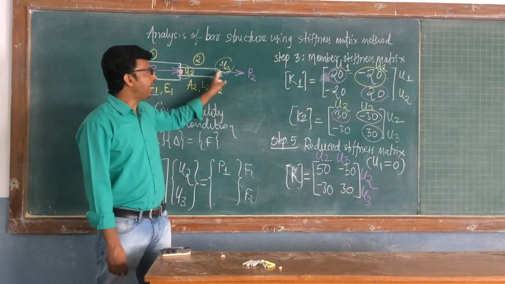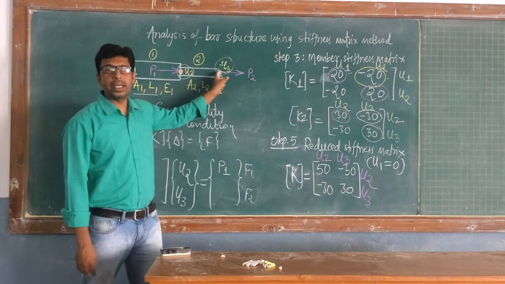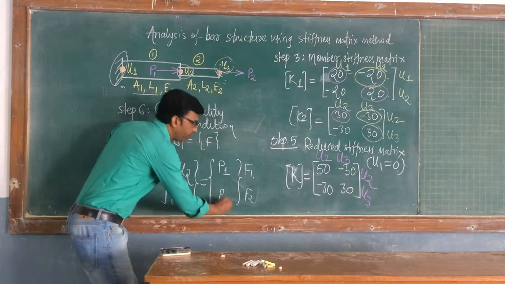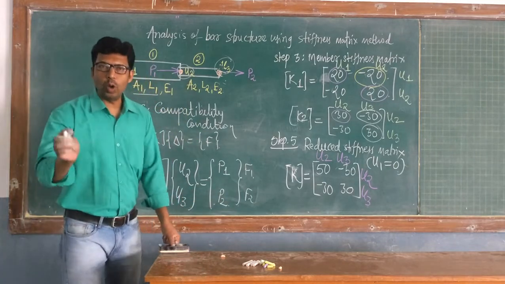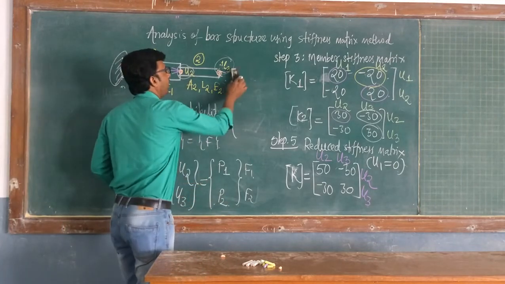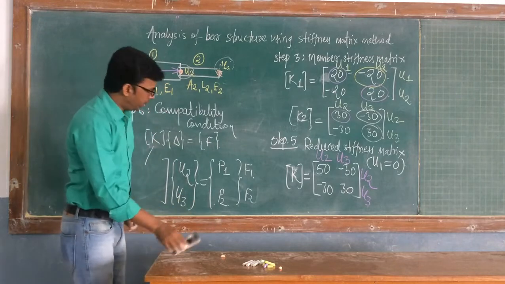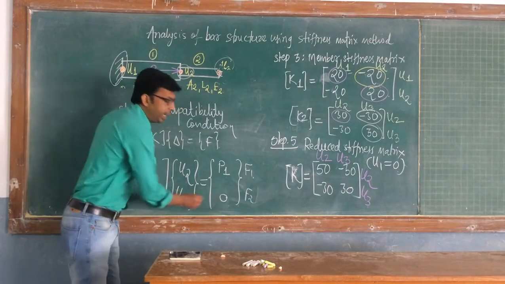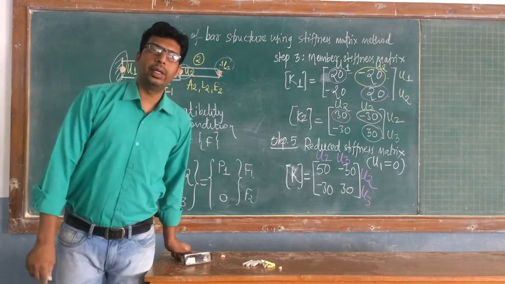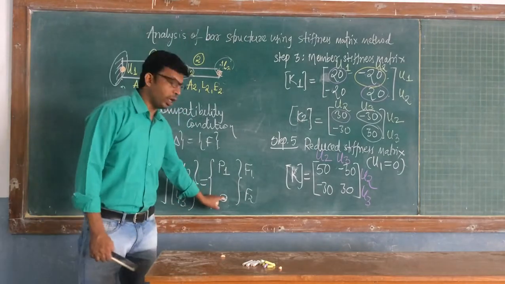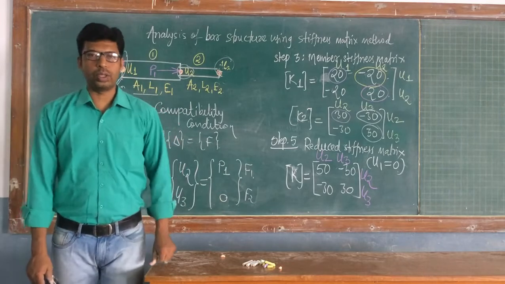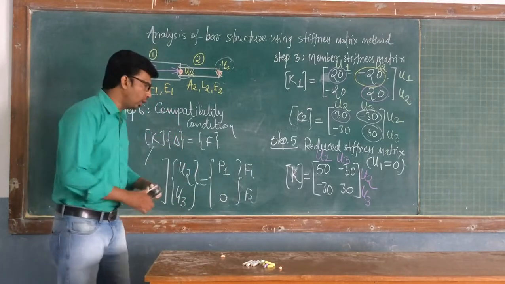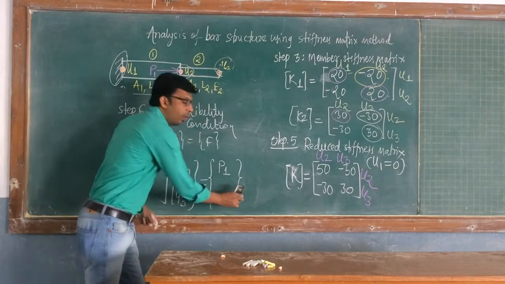Similarly, U3 is a displacement at joint 3. Is there any force at joint 3? Yes, P2 towards the right, positive. Remember, if there is no force on the joint, that element in the force vector will be 0. So like this, K into delta equal to F.